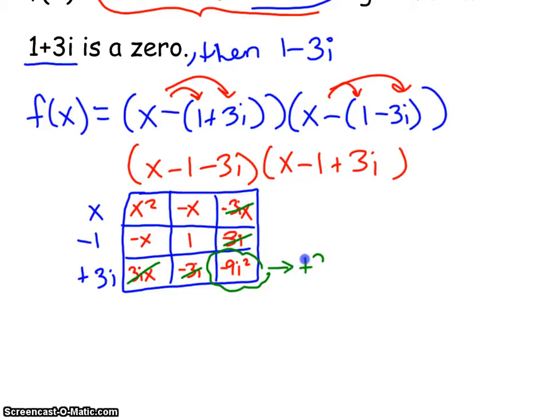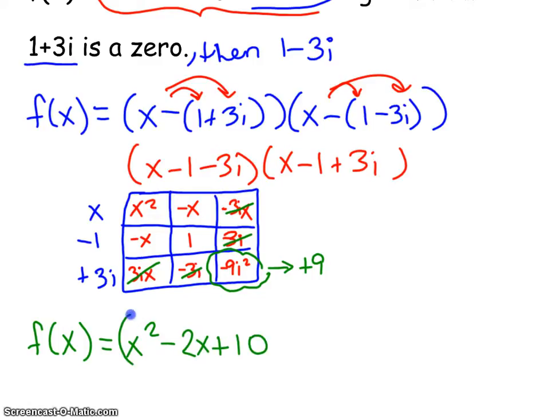That's going to become plus 9, because remember the i squared is negative 1. All right, so when you FOIL that out, your function equals x squared minus 2x plus 10. Your function equals this times some other factor.